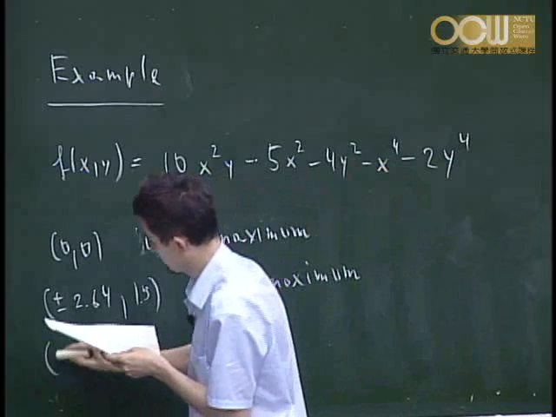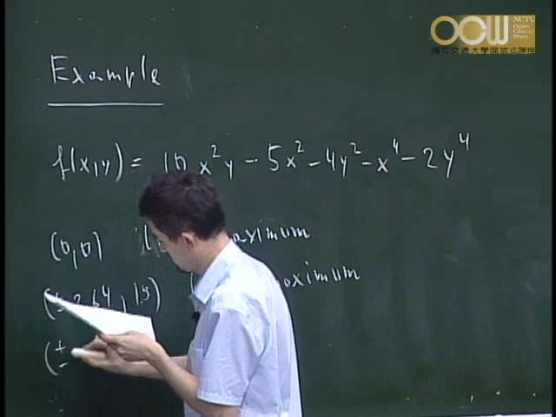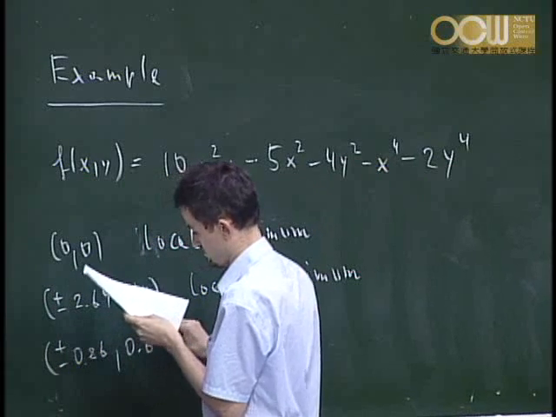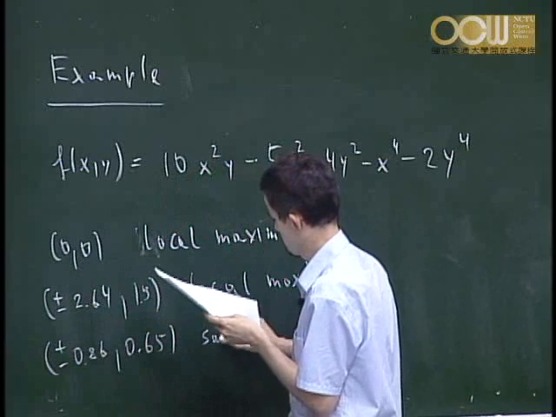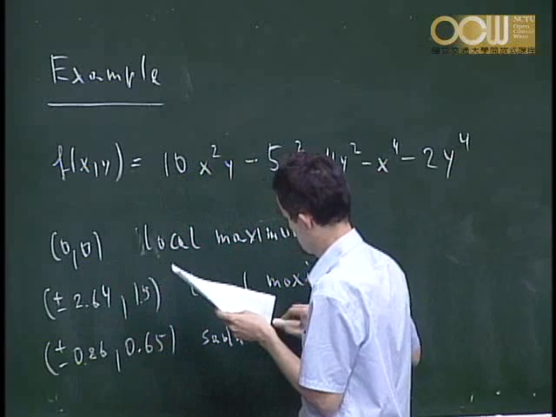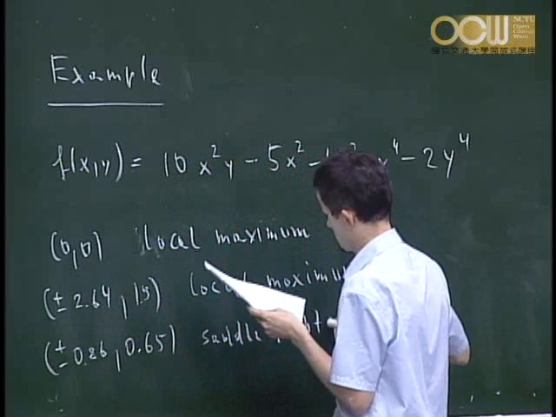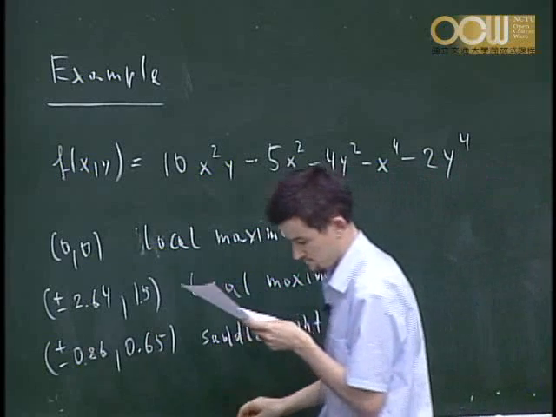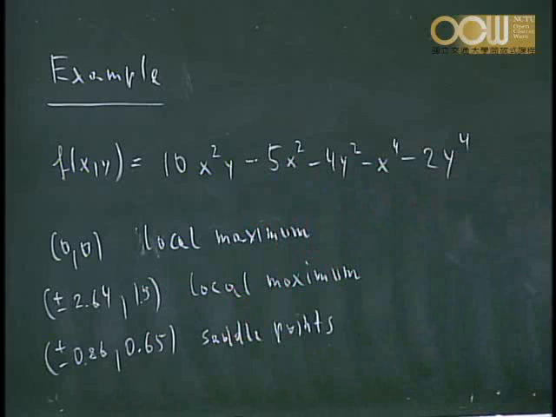And you have a saddle point, 2 of them. This is one of the examples in our textbook. What is the number? Example 2 or example 4.